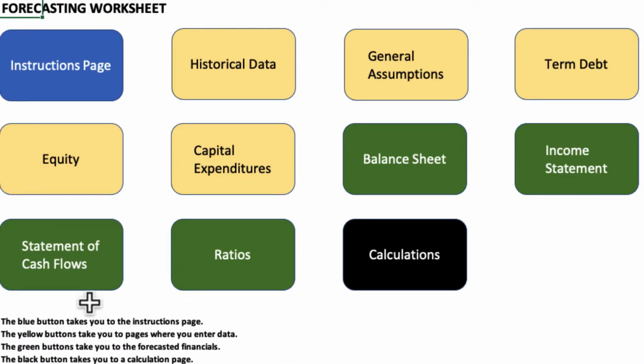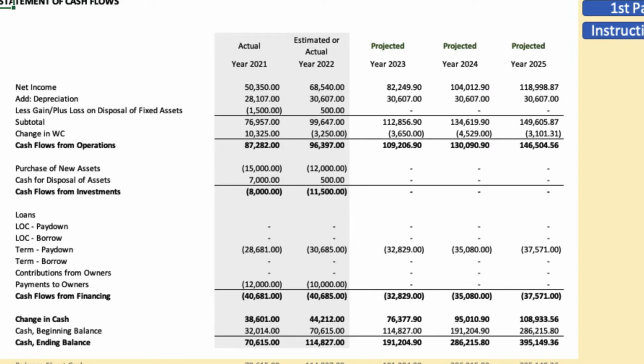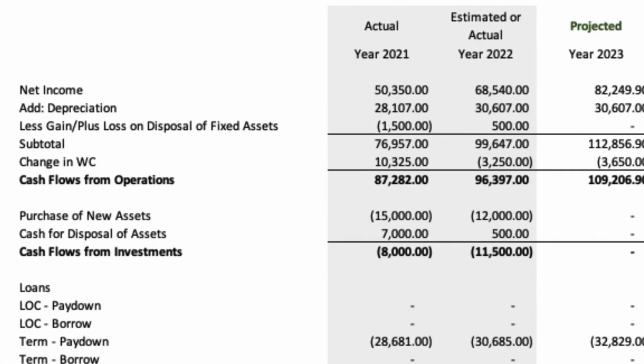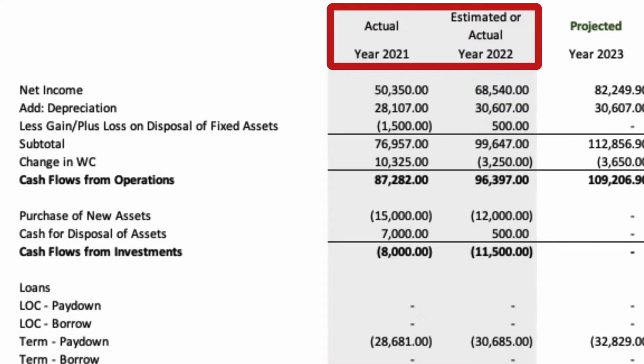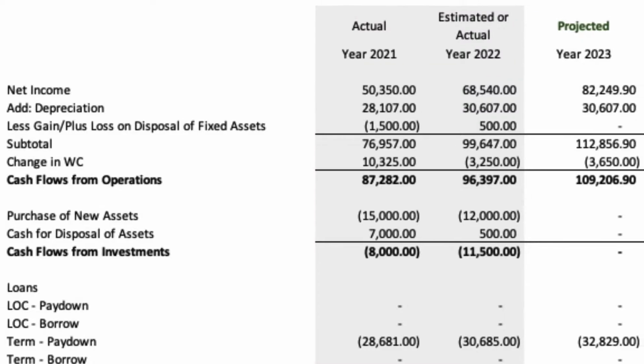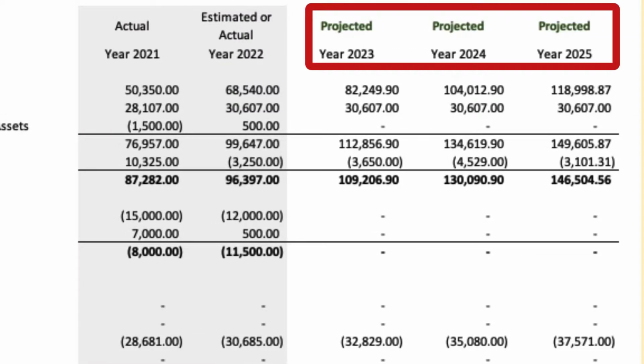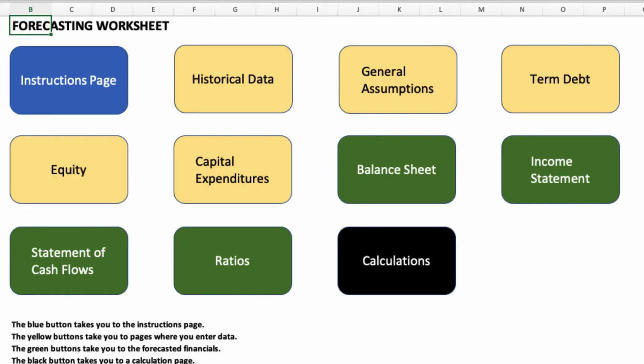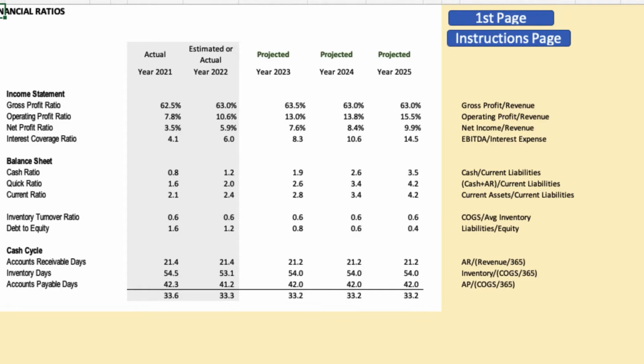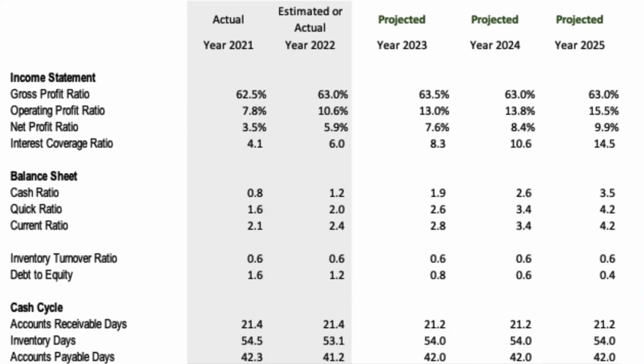Let's take a look at the statement of cash flows. Here we have 2 years of actual data and 3 years of projections. Let's take a look at the ratios page. This is a page that would show common ratios used to analyze companies.